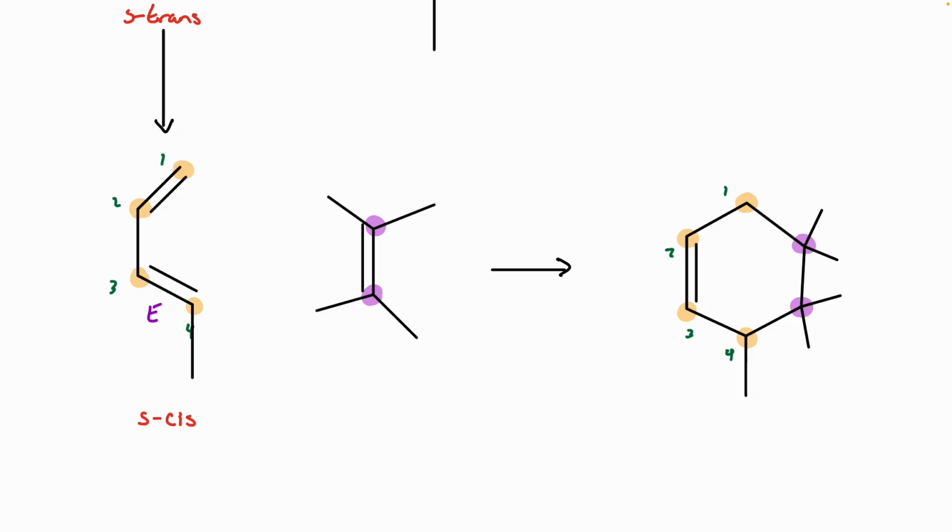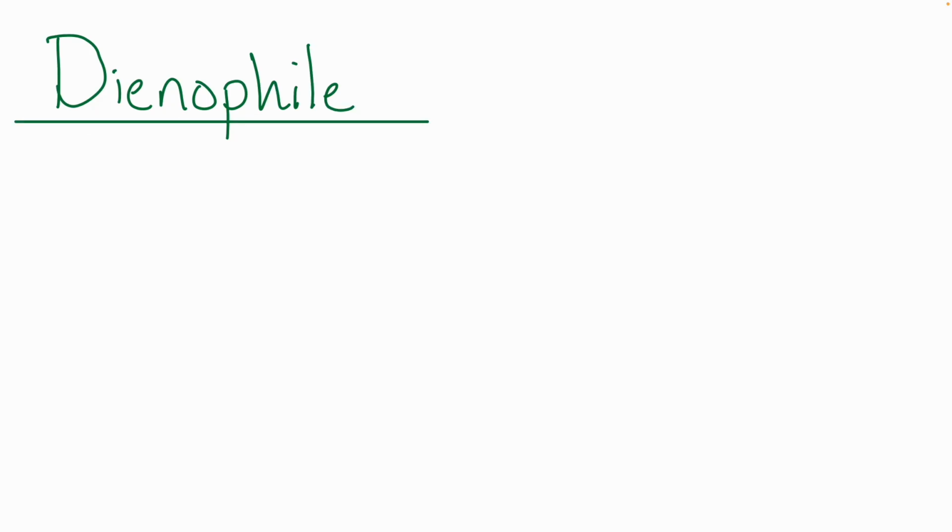So we were looking at pretty simple dienophiles. Let's just talk about these dienophiles for a second. What makes a dienophile? So they must contain a pi bond.